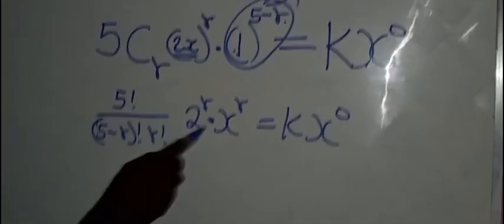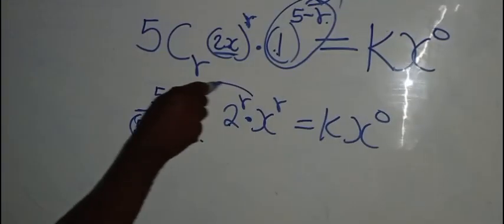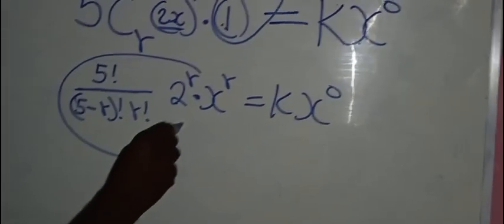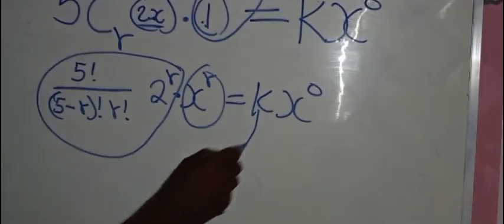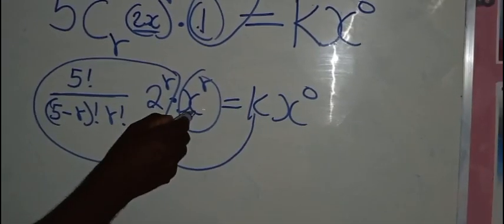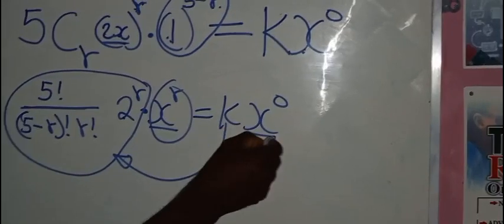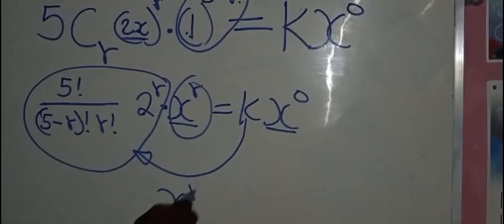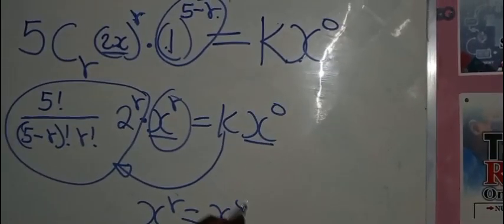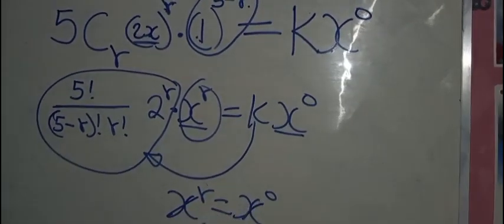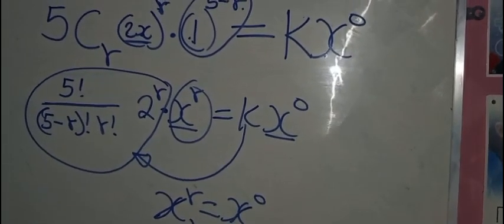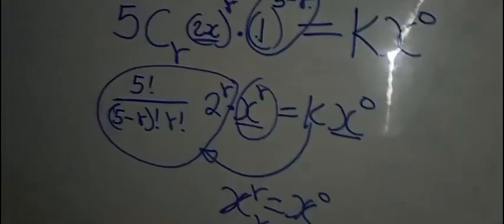Now, if you look at this, look at the constant, the one that does not have x. This one does not have x. This one has x. So you compare this one with this, then this one that has x, you equate them to each other. It means that x raised to power r is equal to x raised to power 0. So base cancels base, so that means r is equal to 0.